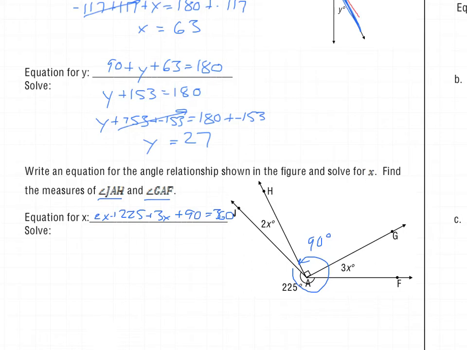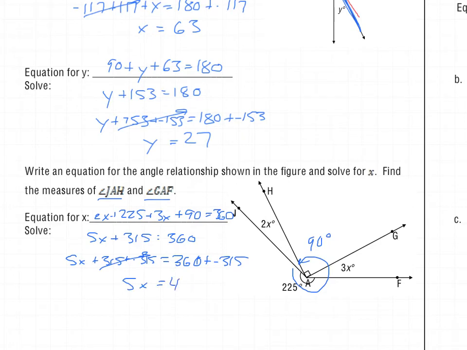So combining my like terms, this is 5x plus 315 is equal to 360. 5x plus 315 plus negative 315 is equal to 360 plus negative 315. 5x is equal to 45, which means that x is equal to 9.